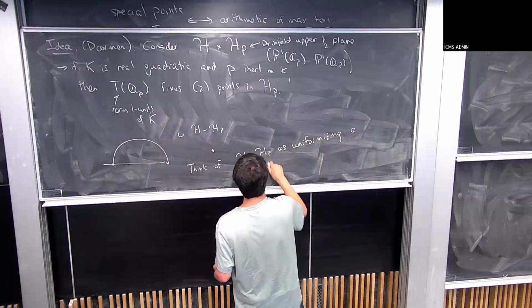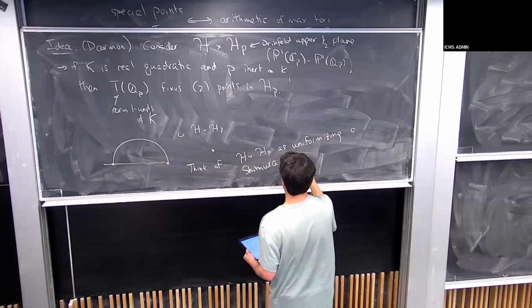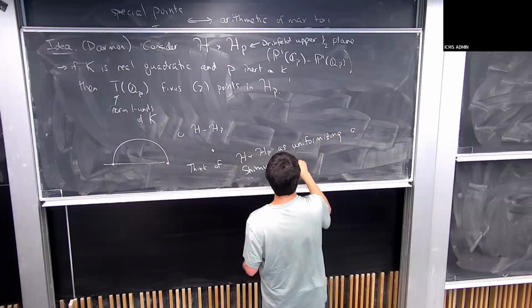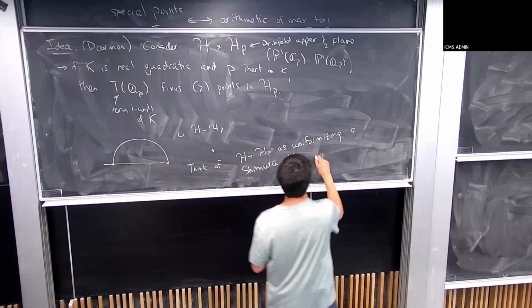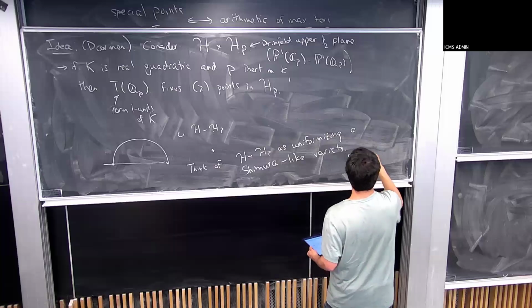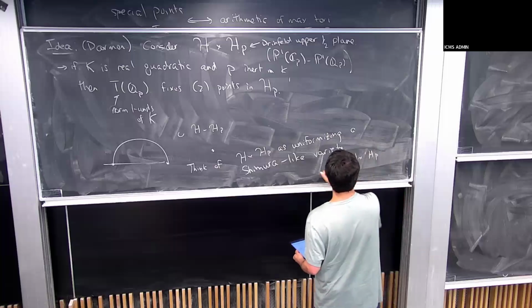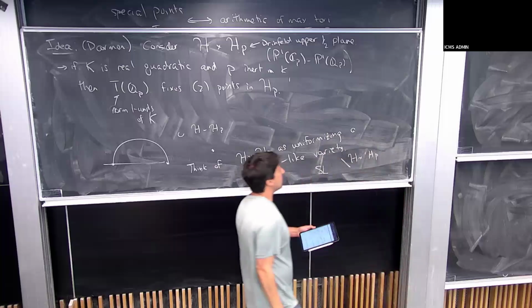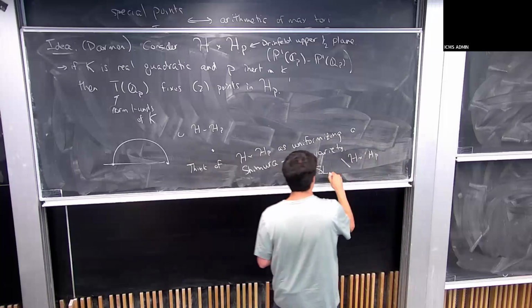It's, of course, not a Shimura variety. We'll talk about this in a second. But let me call it a Shimura-like variety, given by H cross HP. And there is a group which acts naturally on this product.